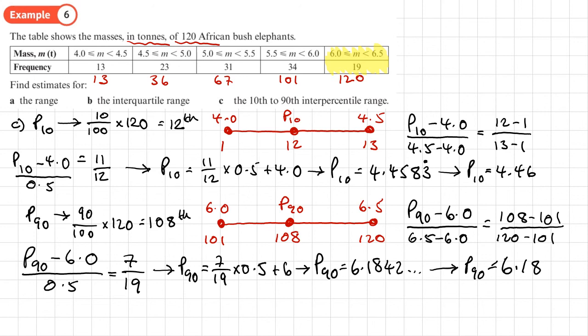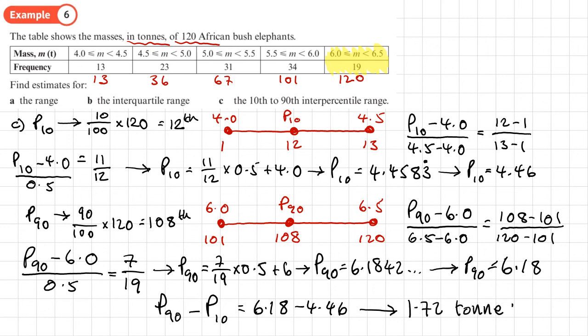So now for our inter-percentile range, P90 minus P10, which will be that 4.46, the other way around, 6.18 minus 4.46 gives us 1.72, and its units are tons, 1.72 tons.